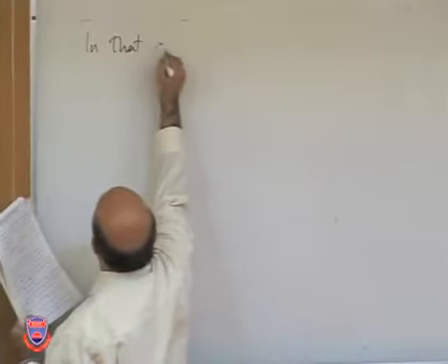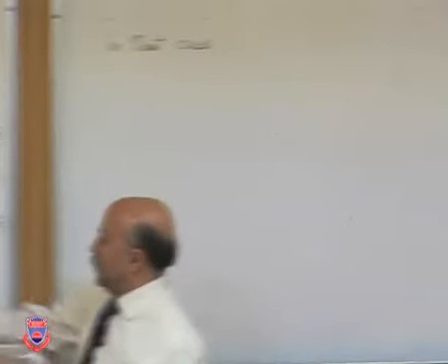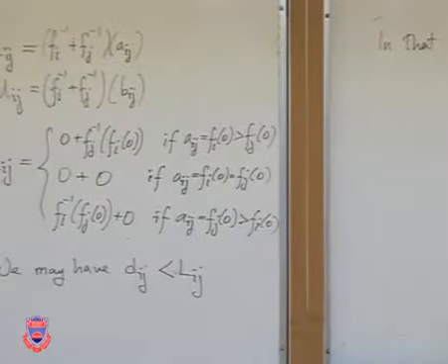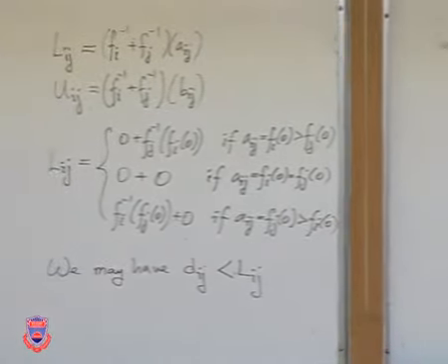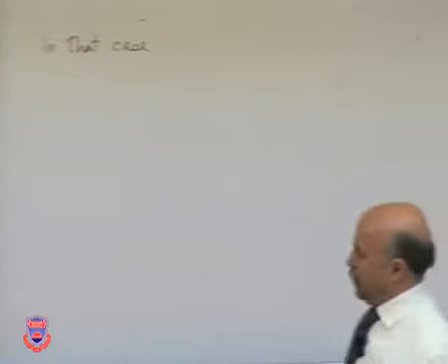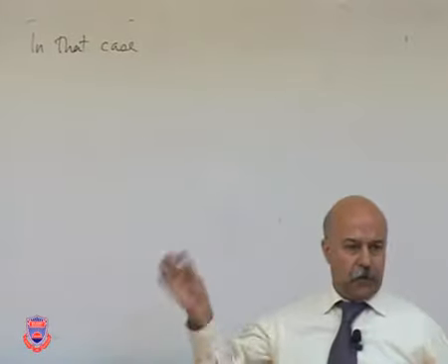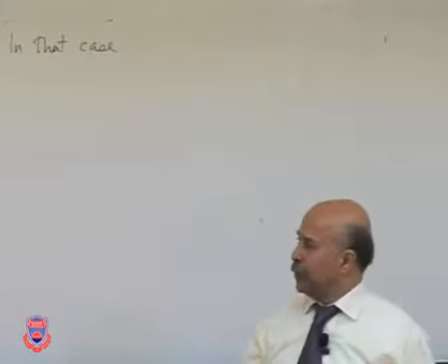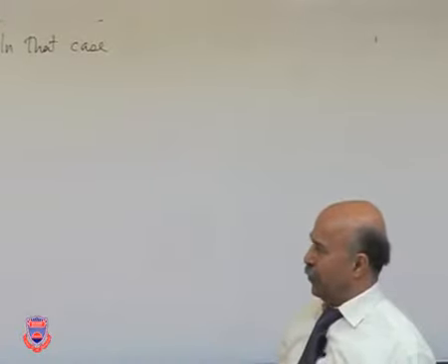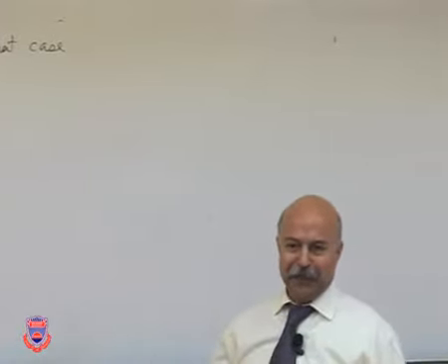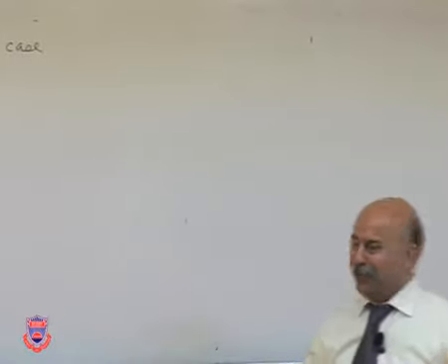So in that case, if D_ij is less than L_ij, it actually does not pose a problem as far as solving the problem we're working on, which you don't see on the board right now, but it's in your head, I'm sure.